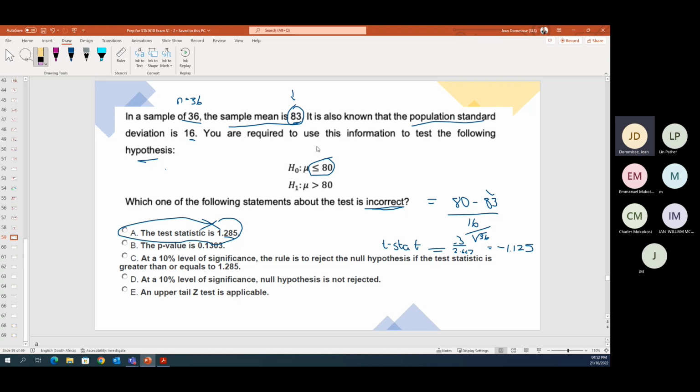So what we are testing here is your sample mean, and let's go back to page 1, Chapter 1. You might have a point.